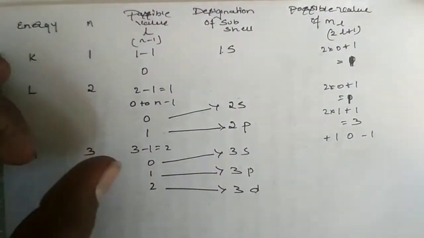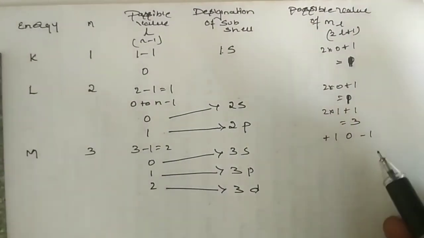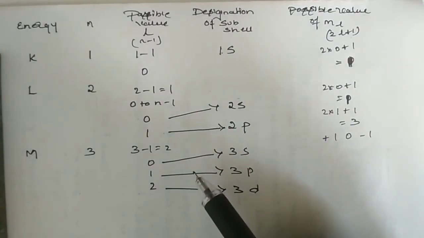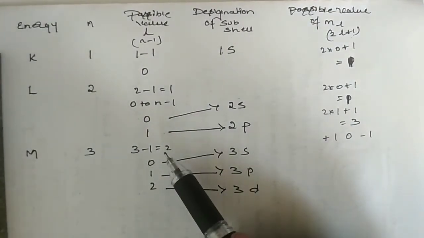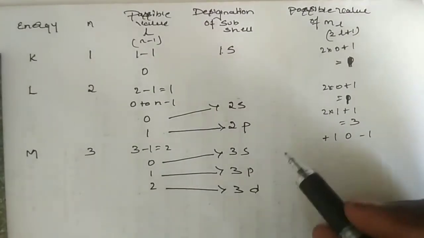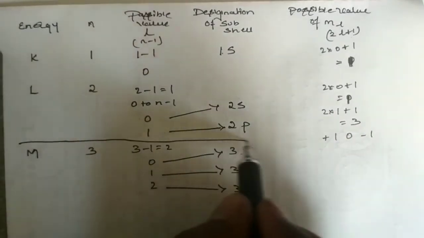L value 0 is the s orbital, l value 1 is the p orbital. Now I am going to write the possibilities for ml, how many there are. We got l equal to 2. Sorry, I will write a line, you may be confused.